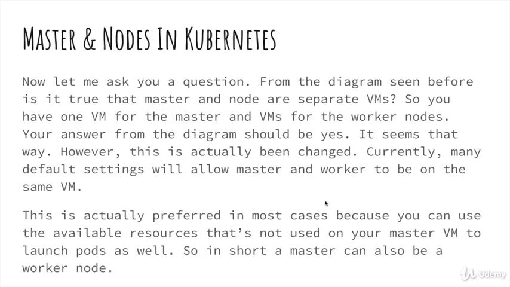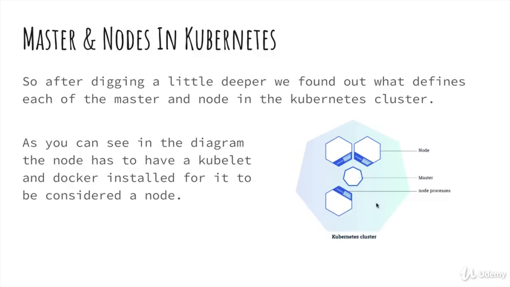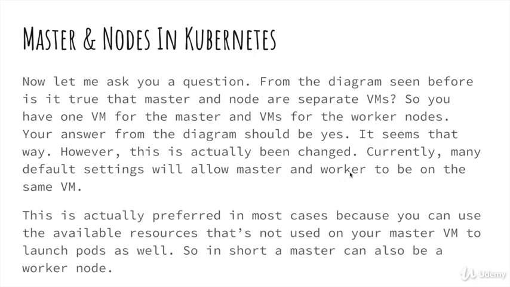Now, let me ask you a question. From the diagram seen before, is it true that master and node are separate VMs, for example? As you can see, master is here and the nodes are over there. So would you say that the master is a VM and then the nodes are VMs by themselves? So you have a separate VM for the master and separate VMs for the worker nodes?